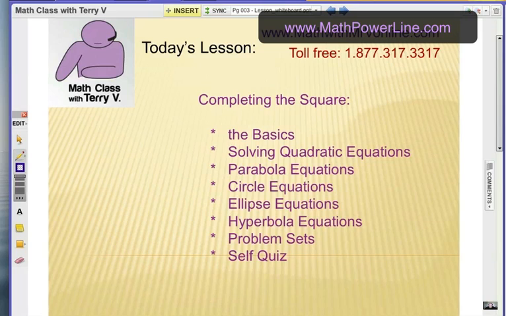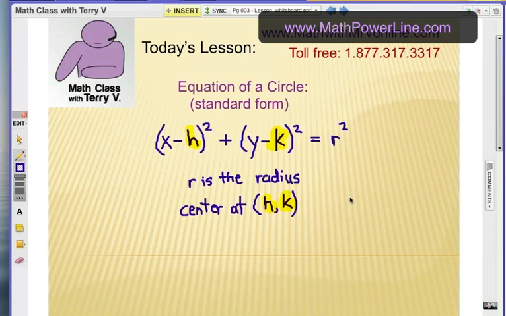Now, Self-Quiz 2 is going to talk about circles and ellipses, okay? And we're going to have to complete the square in order to rearrange a formula into something where we can graph a circle or an ellipse. This is what it looks like. Here's the equation of a circle. We're going to have a completed square group here.